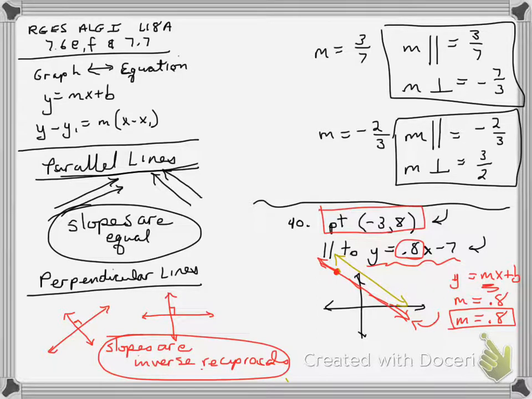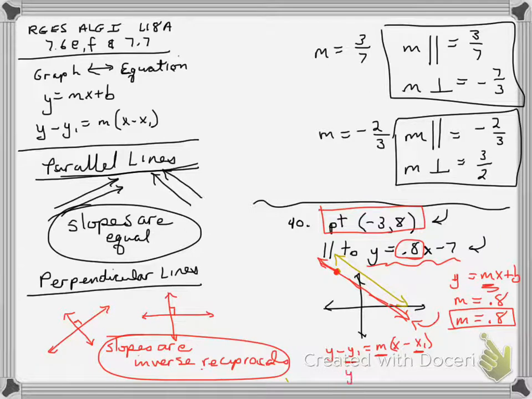Now you already know how to write an equation. For that you've got point-slope, so you need y minus y1 equals m times x minus x1. And now I will plug in for the x1, the y1, and the m.